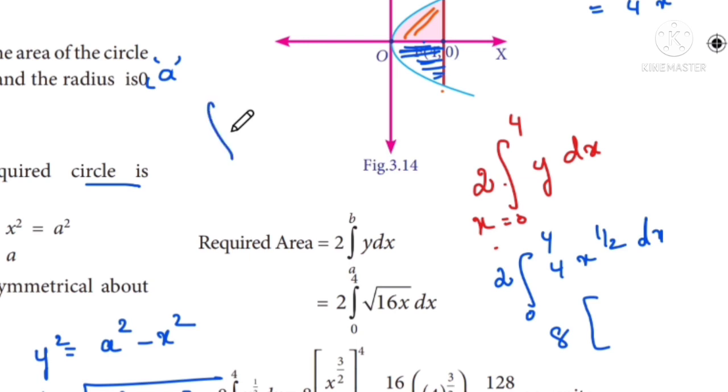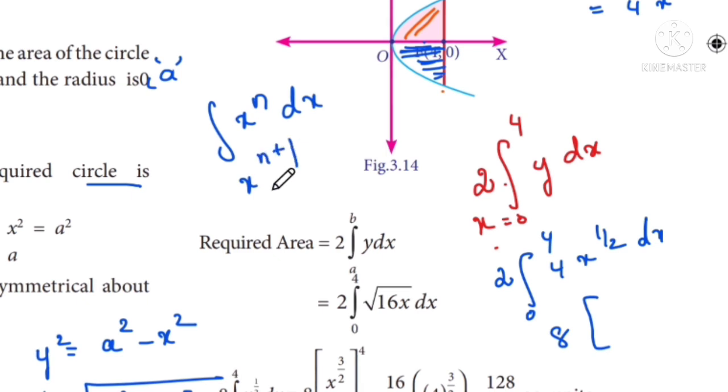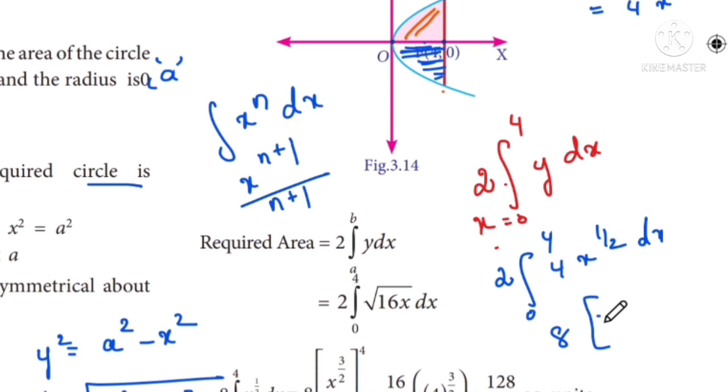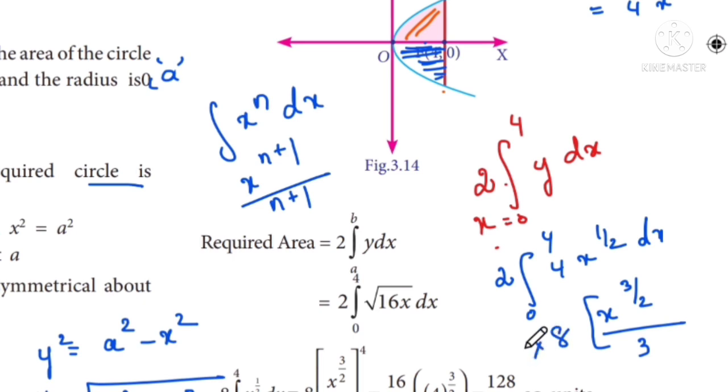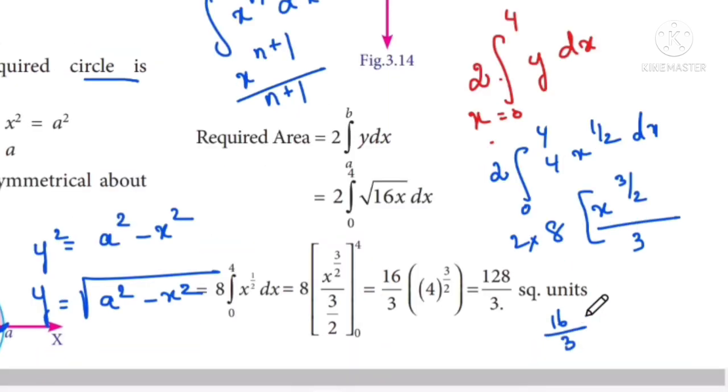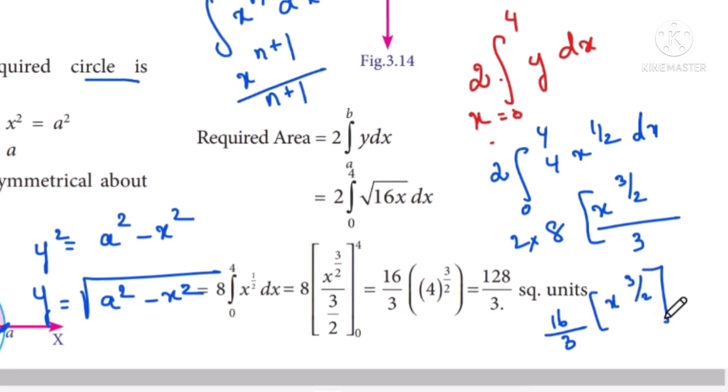Use the formula for x power n dx, which is x power n plus 1 by n plus 1. So x power half plus 1 is 3 by 2, divided by 3 by 2, the 2 goes up. So 16 by 3 x power 3 by 2. The limit is from 0 to 4.